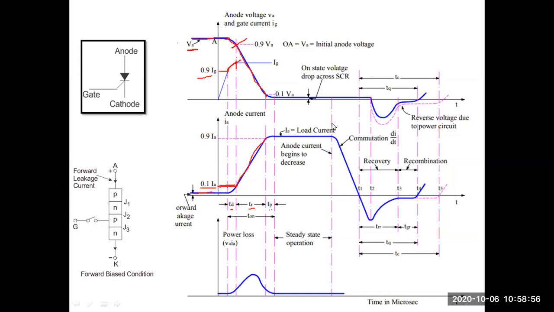That process is nothing but the commutation process or turn off process. Bringing the SCR, the switch, or this thyristor back from the forward conduction state to the forward blocking state is called the turn off process or commutation process.